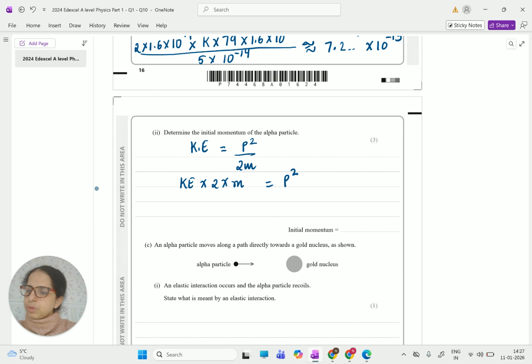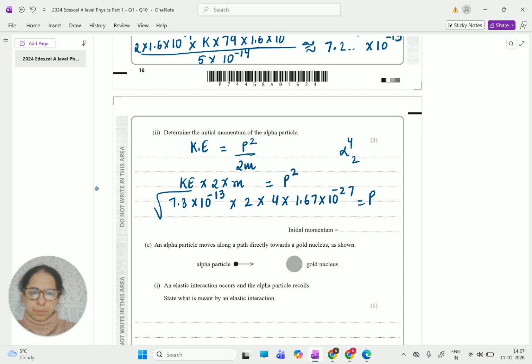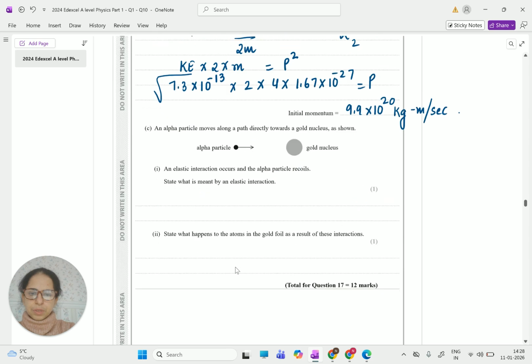The kinetic energy I had was 7.3 × 10^-13, times 2, times 4 because the alpha particle has 4 nucleons, into 1.67 × 10^-27, the mass of a proton, and then you take the square root. That gives you p, which I was getting around 9.9 × 10^-20. Of course, don't forget the unit, or you don't get the mark: kg m/s. That's it. All right, let's do the next one.